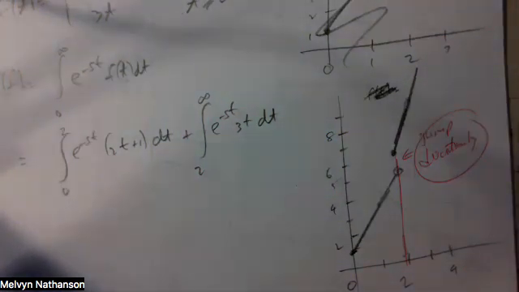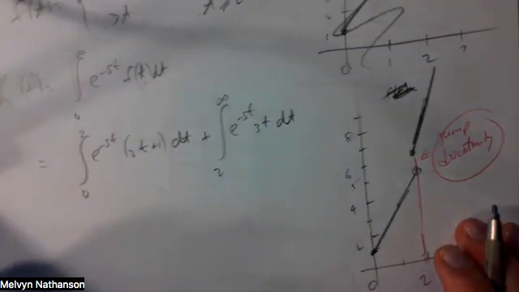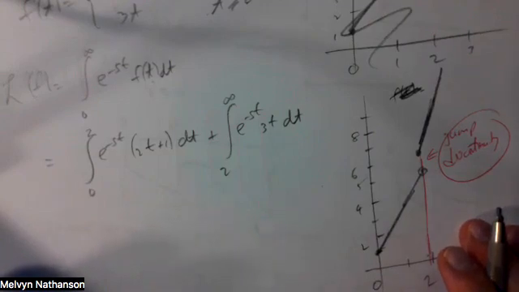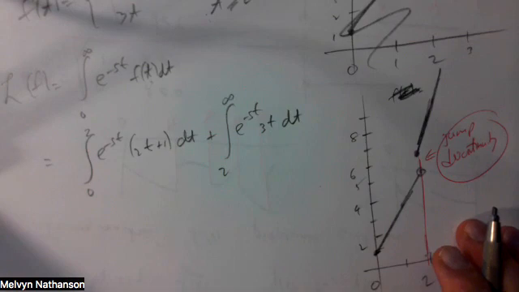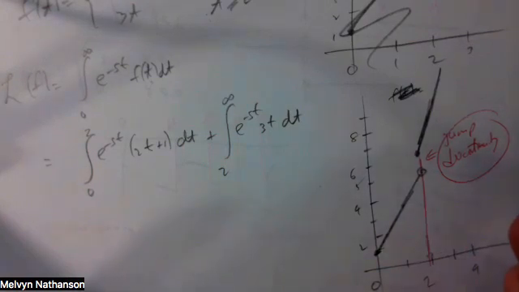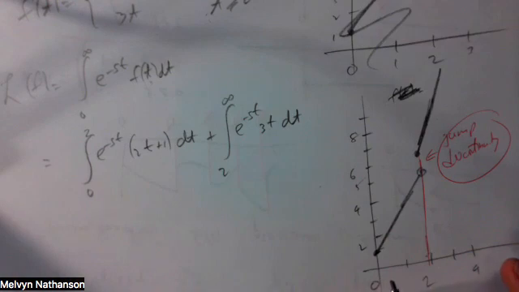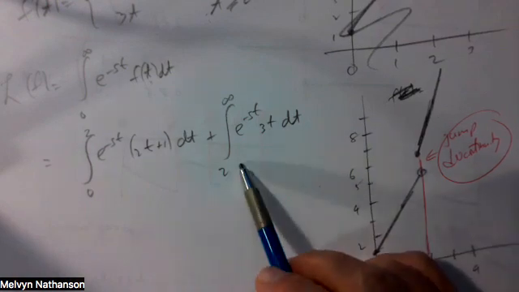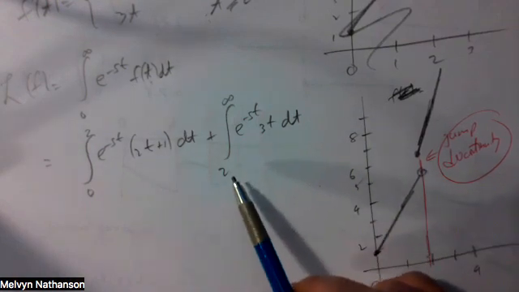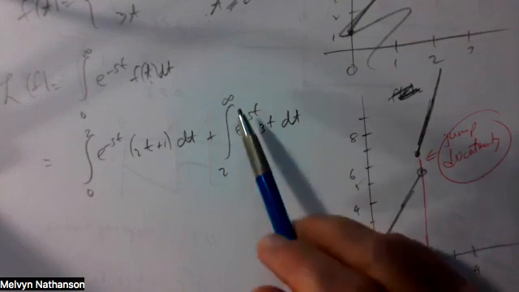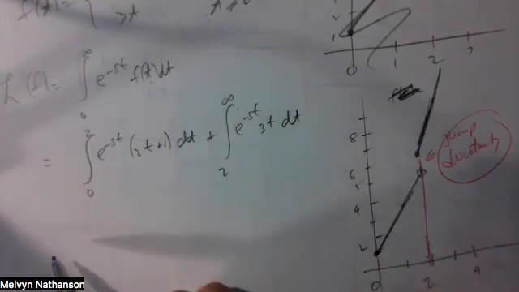Now, there are many ways to do it using just first year calculus. But since we're studying Laplace transforms, one way to do it, not necessarily the best way or the only way, is to somehow convert this into Laplace transforms. So this is almost a Laplace transform. The only difference is we're going from 2 to infinity and not 0 to infinity.